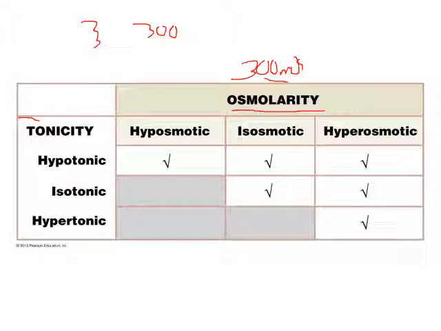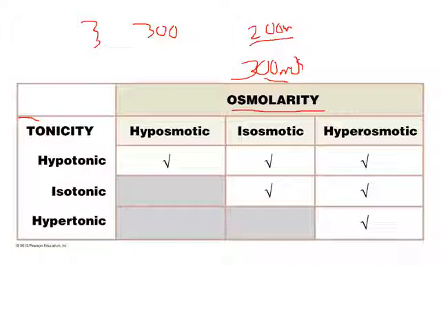So I can have a solution that's 300 milliosmoles, but if 100 of those milliosmoles is devoted to a penetrating solute, one that can move through the membrane, then only 200 milliosmoles is non-penetrating. Again, what do you compare?